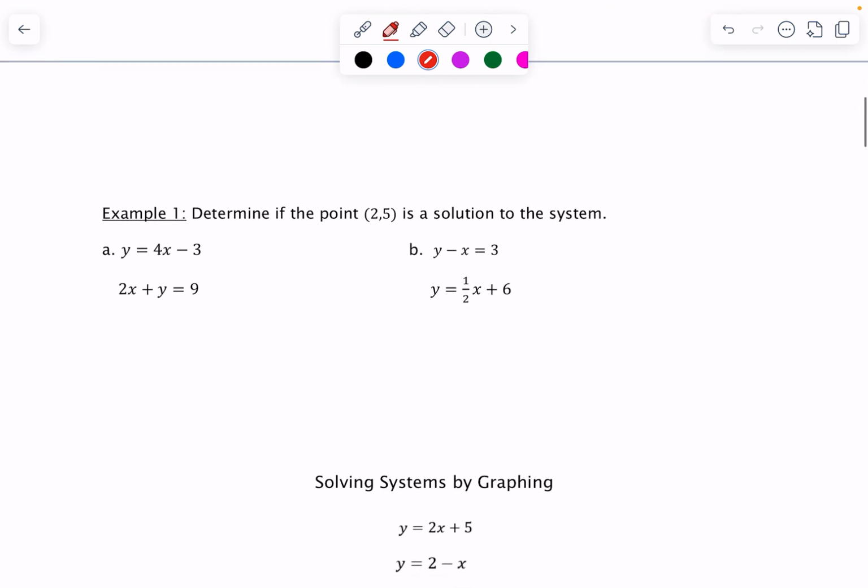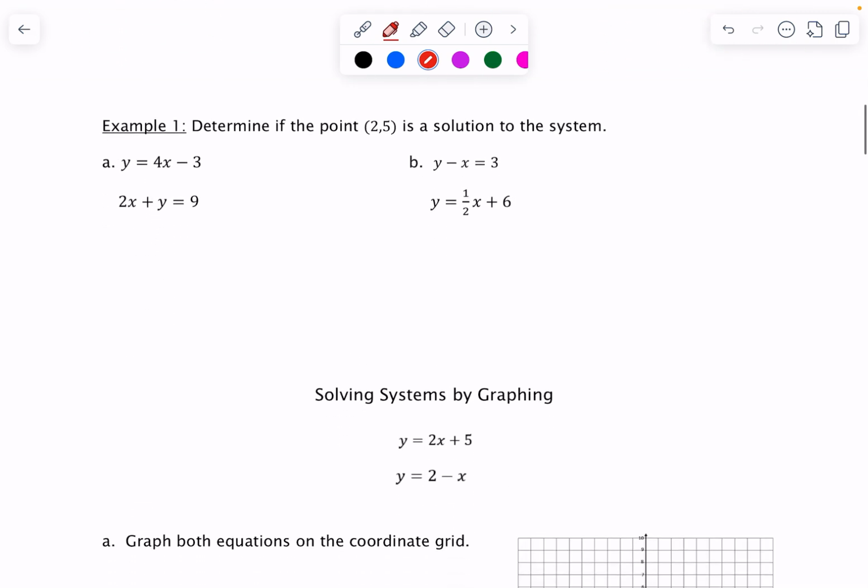Okay, so remember when I said earlier that any ordered pair is a solution to a system? That's this example one. Let's say I have 2, 5, and I'm saying determine if the point 2, 5 is a solution. In any ordered pair, the 2 is your x, and this 5 is your y, because an ordered pair is always x comma y. So first I'm going to pull out this first equation.